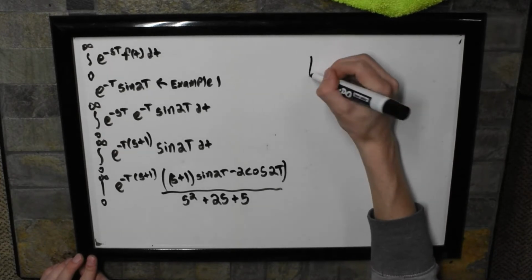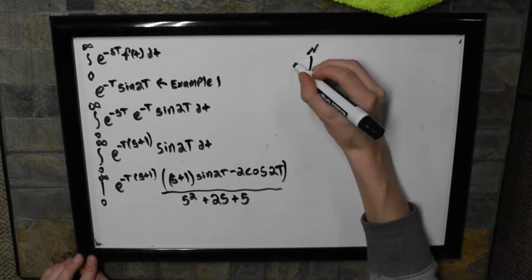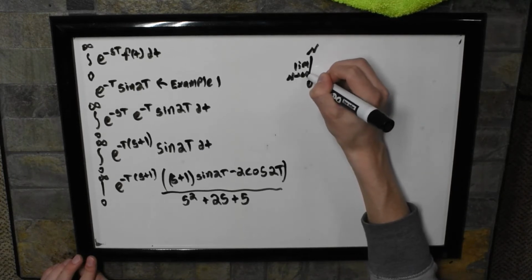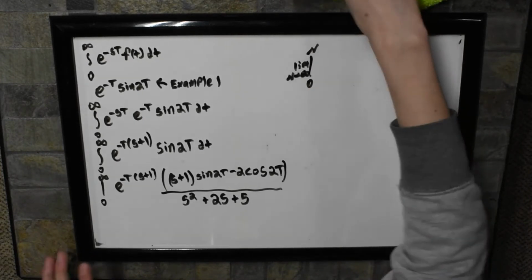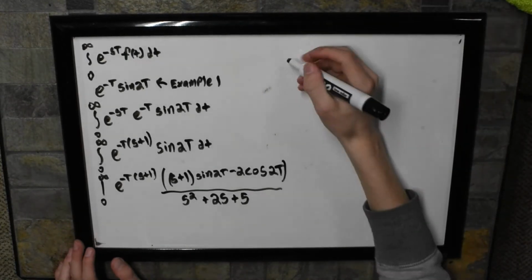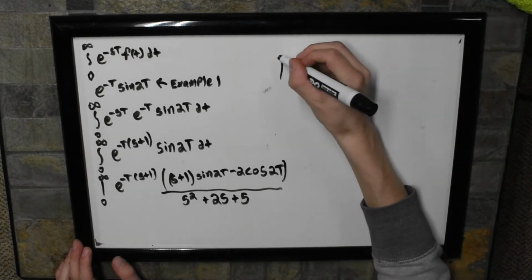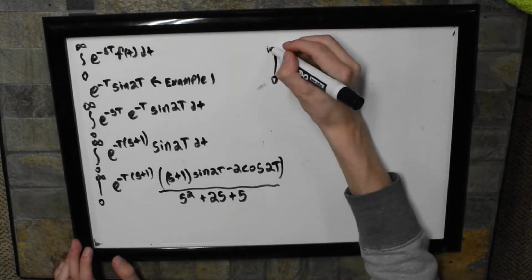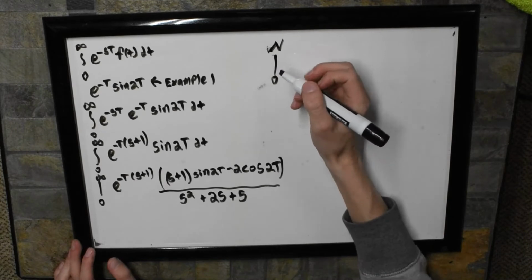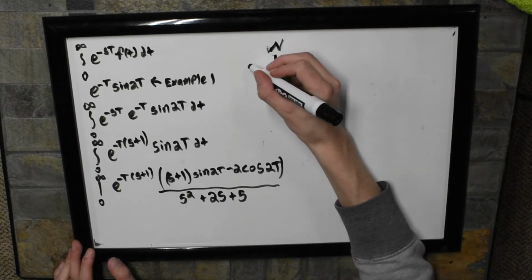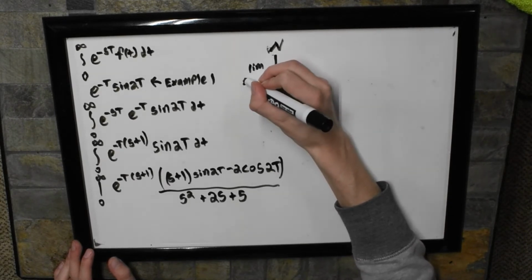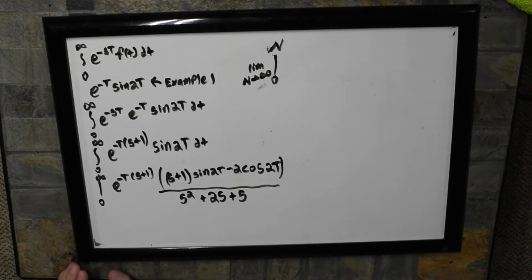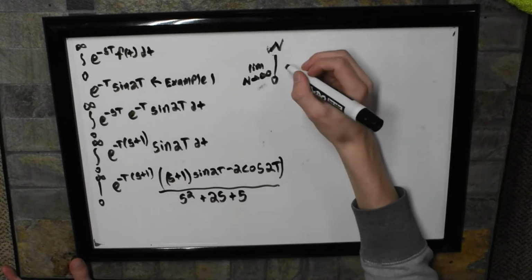So now we have to evaluate this integral, and to evaluate an integral that goes to infinity, we just do 0 to n, and we take the limit as n approaches infinity. Let me write that a little bit clearer. So we replace the infinity with n, and we take the limit as n approaches infinity. Alright, so let's plug in n.